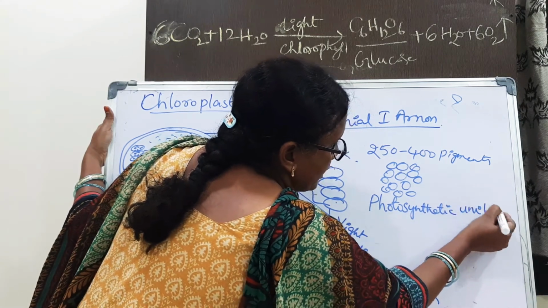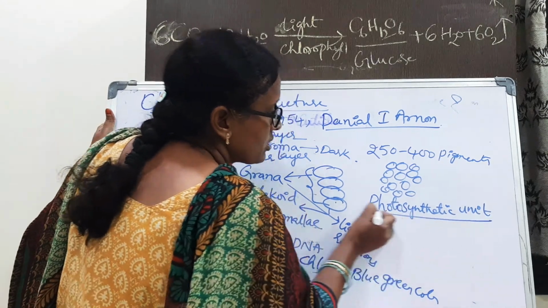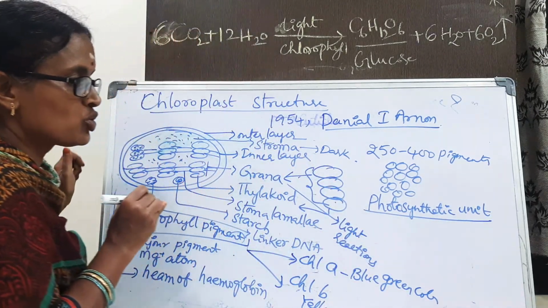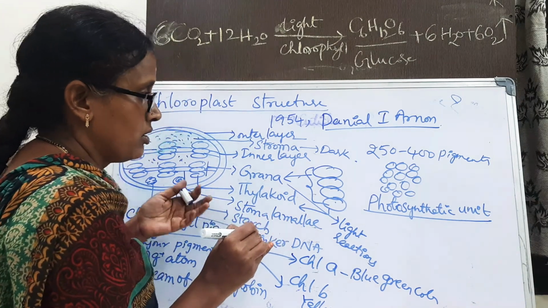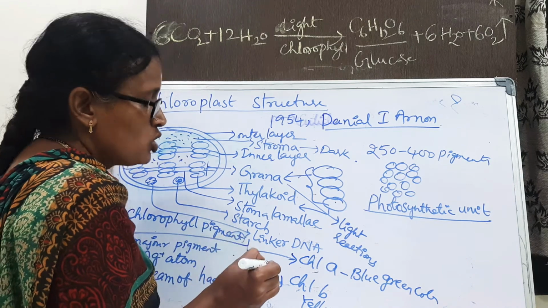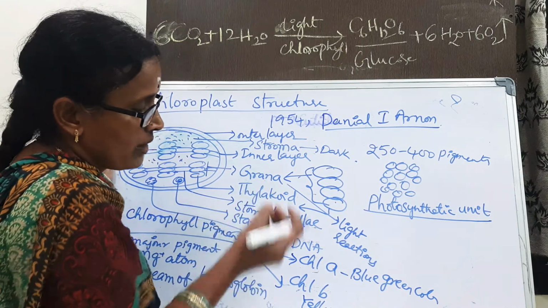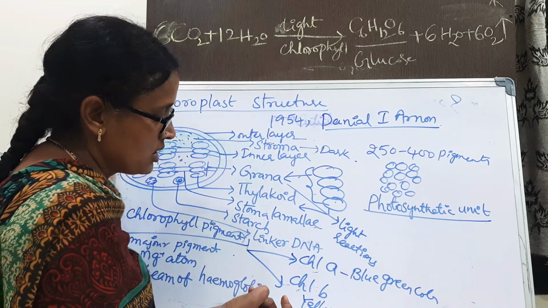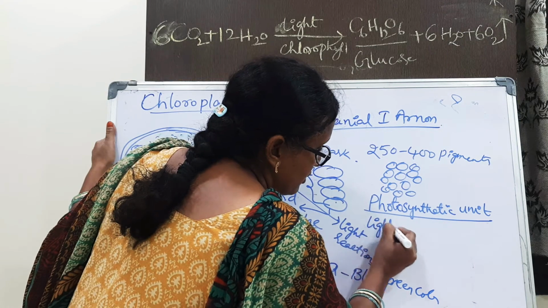I am not giving any extra information, dear. All this information is there in the textbook. Read the textbook, then you will know. 250 to 400 pigment molecules grouped together to capture the light is known as the light harvesting system, the name given in the textbook.